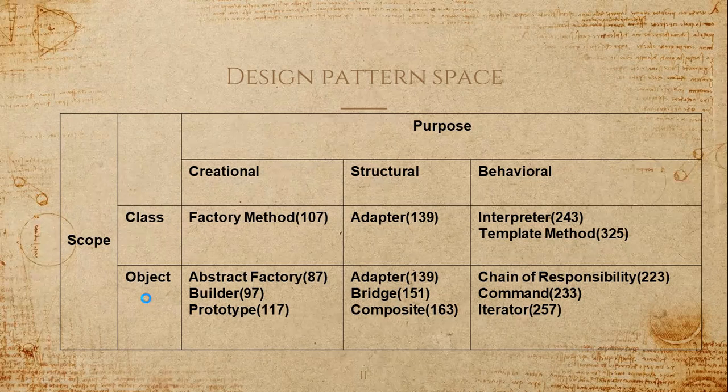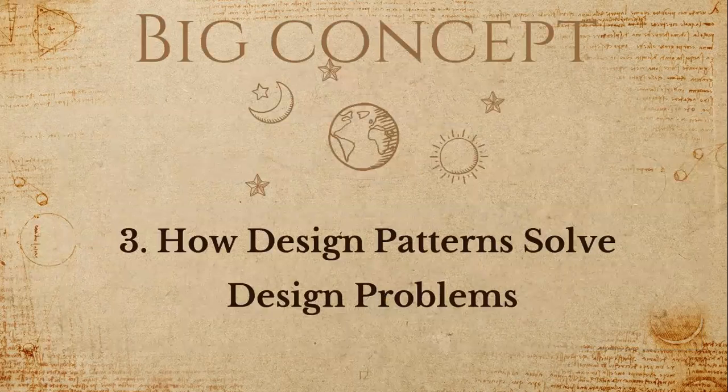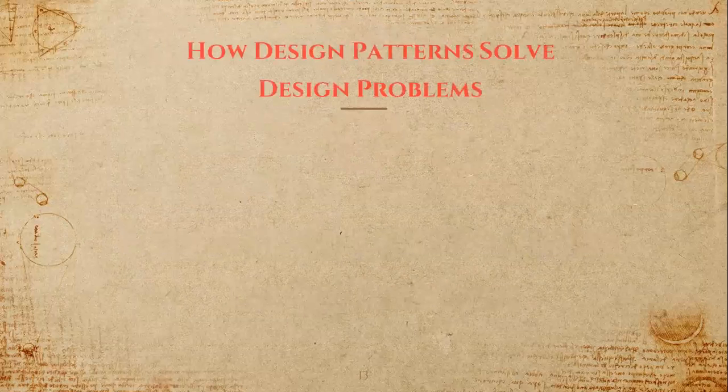Now let us go to the next topic, that is the third topic, how design patterns solve design problems. Design patterns solve many of the day-to-day problems that object-oriented designers face, and in many different ways. So here we will discuss several of these problems and how the design patterns solve them.